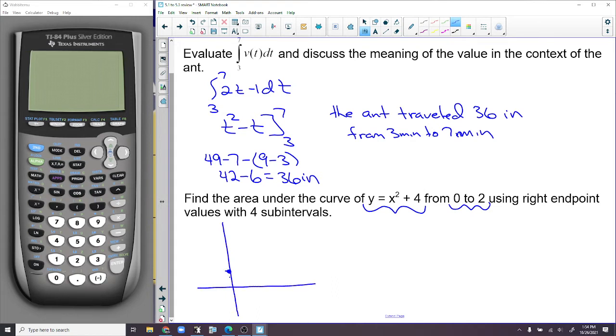We're up here at 4, and this is a parabola, so all we need is something like that. We're going from 0 to 2, and it asks for 4 subintervals. So if you take 0 to 2, divide by 4, each of these bases should be a half.